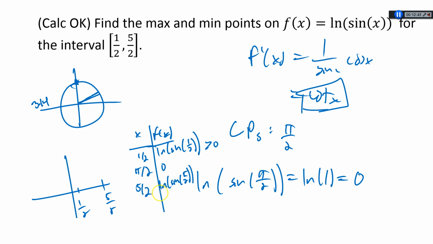We got 5/2, that's 2.5. So 2 radians is like 114 degrees, plus another like 24, so this is like 128. Yeah, so it's like over here somewhere. That's going to be a pretty tight race. I'd grab a calculator and see which one of those is bigger. But this is definitely our min.